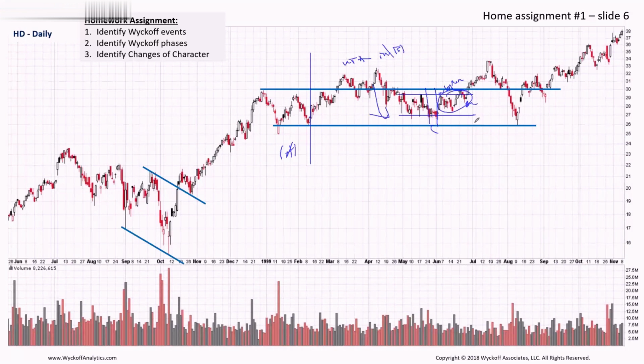So there's an entry somewhere here. The exit out of this position could be here or on the failure of the support right here. So you probably would be ending up with just a small win. Small win, break even, small loss. And that would be your trade number one.